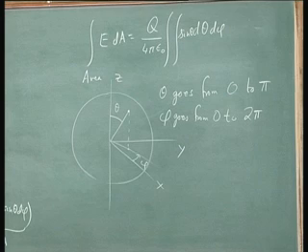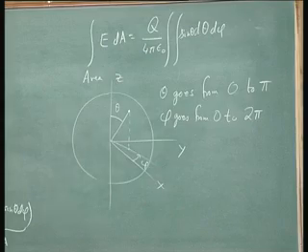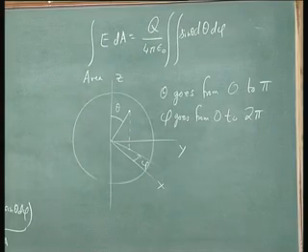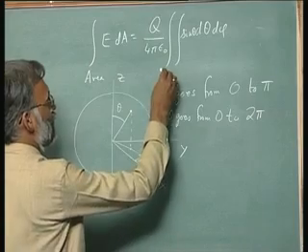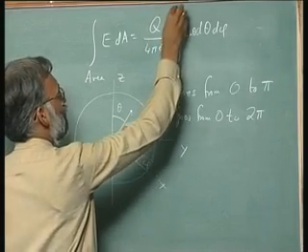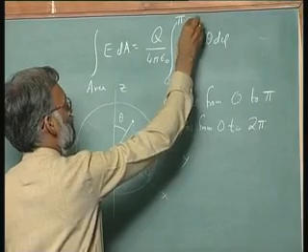In scientific work, we always work with radians, because that is the natural unit for angle. So, the limits of this integral are known. Theta goes from 0 to pi, phi goes from 0 to 2 pi.